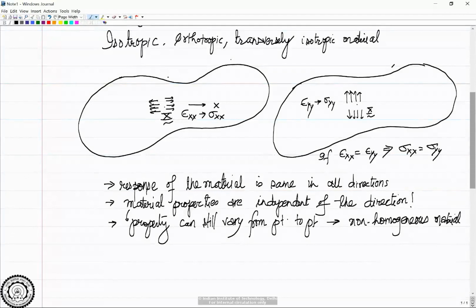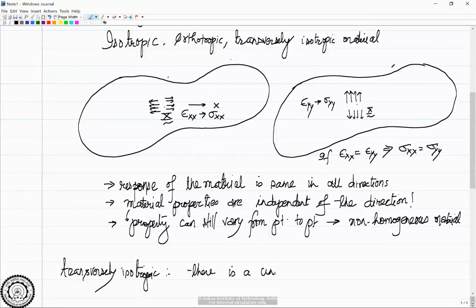And then how about transversely isotropic? For transversely isotropic, there is a unique direction. So let me write down. There is a unique material direction, which is also called the principal material line.